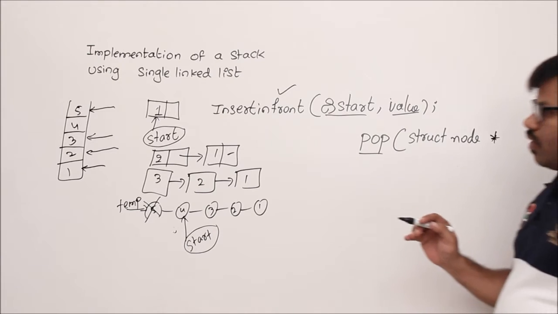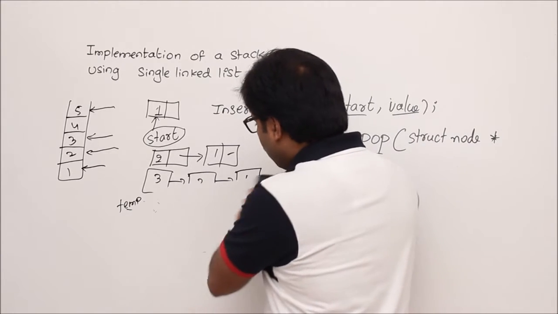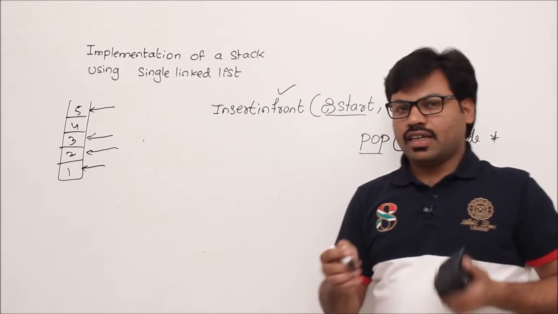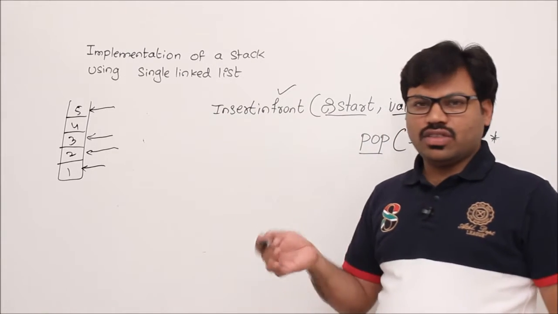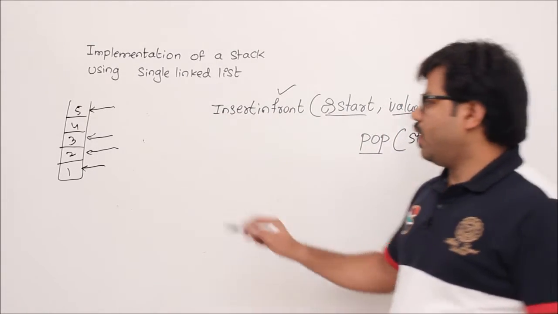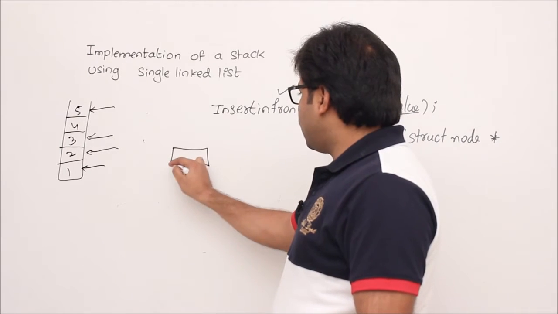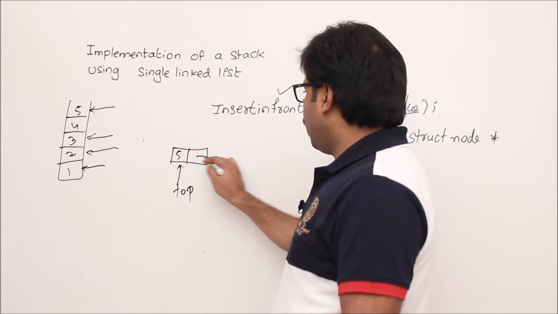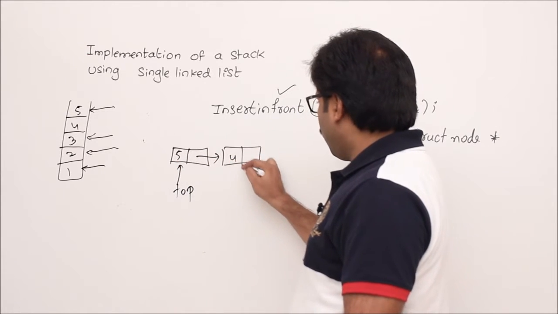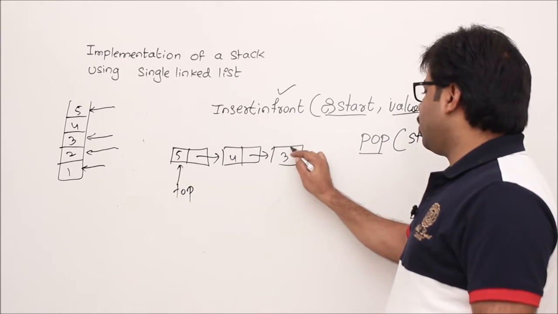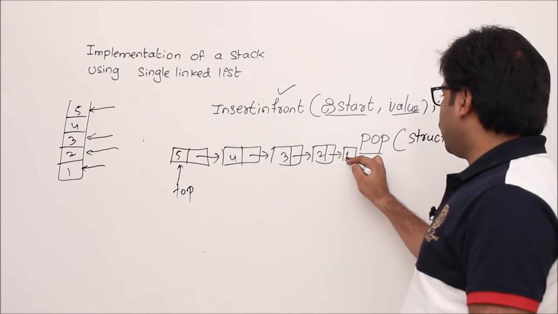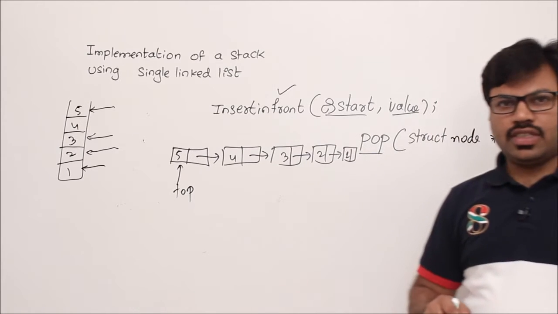So from now onwards, for readability, and for maintaining the semantics of stack, I will do one thing. Rather than using start, we use top. Okay, so from now onwards my start is top. Example, in this one it is 5, 5 is linked to 4, 4 is linked to 3, 3 to 2, and 2 to 1. Okay, this is your linked list. So how to implement pop, we'll see.